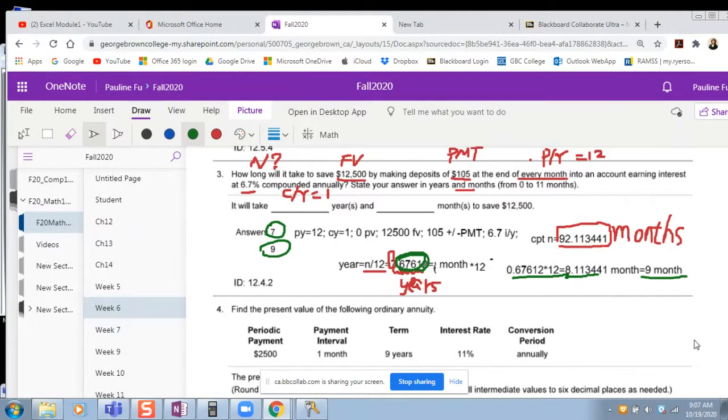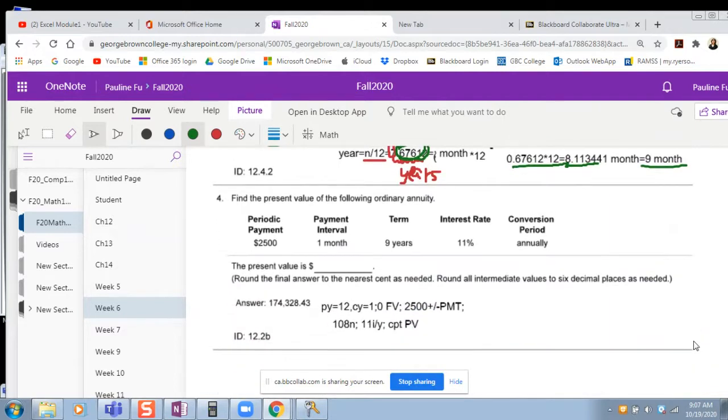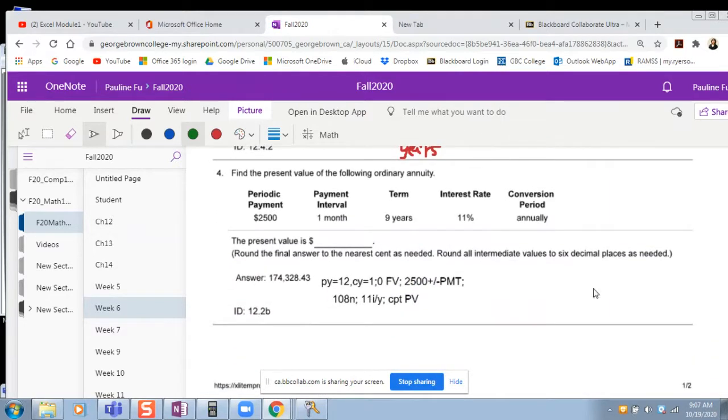Now, let's do another question. Find the present value of the following ordinary annuity.